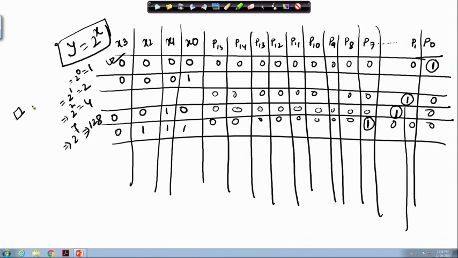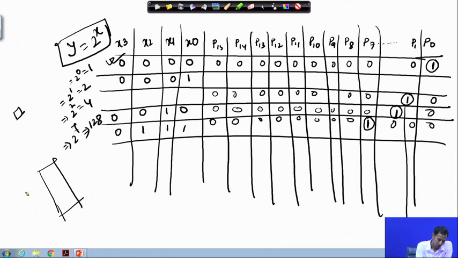So, from this decoder circuit I have 4 inputs and 16 outputs. The same circuit gives the function y equals 2 to the power of x. From the truth table we can conclude that.